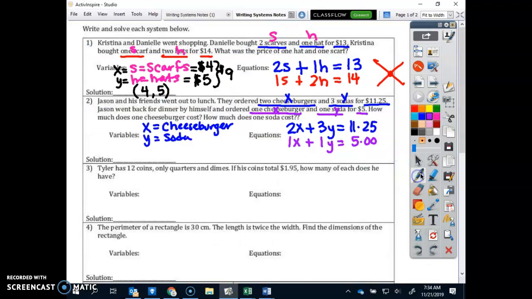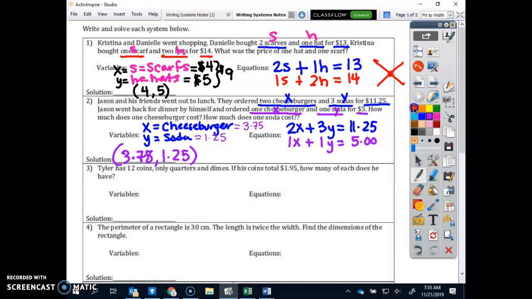Let's go write that down. $3.75 and $1.25. So my cheeseburger is $3.75 and my soda is $1.25 each.